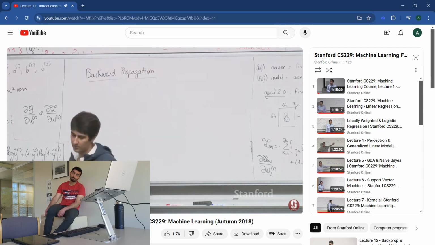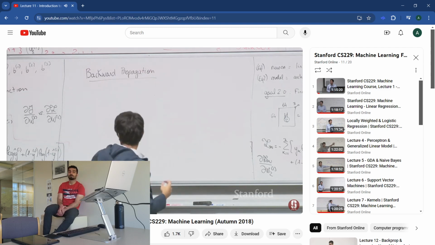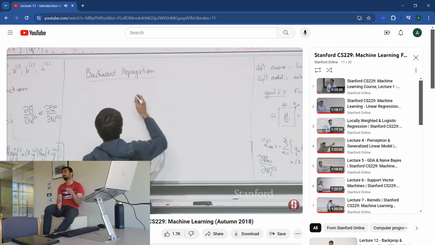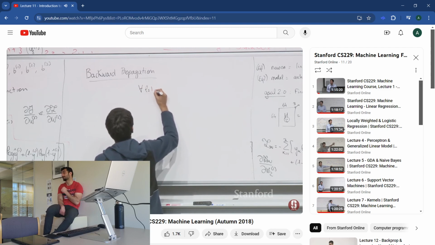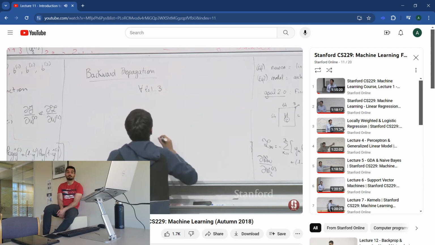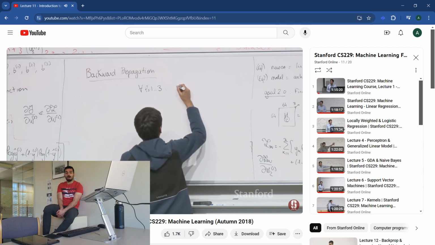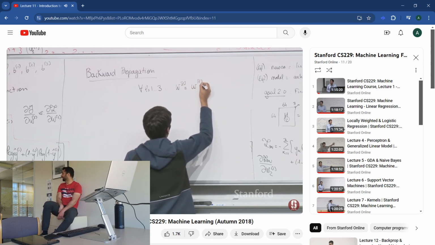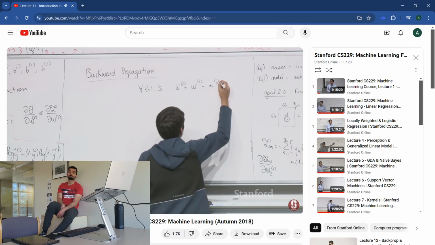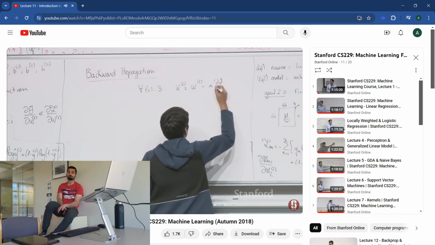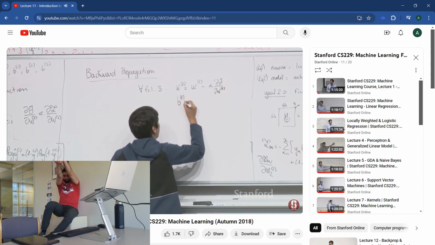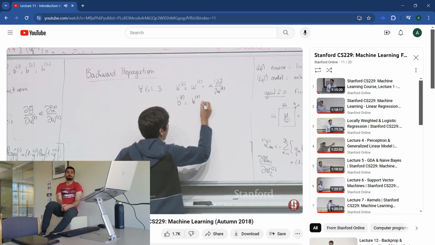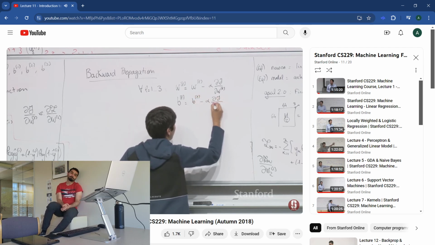So the question is, why is it called backward propagation? Ultimately, we want to do this: WL equals WL minus alpha times the derivative of J with respect to WL, and BL equals BL minus alpha times the derivative of J with respect to BL.